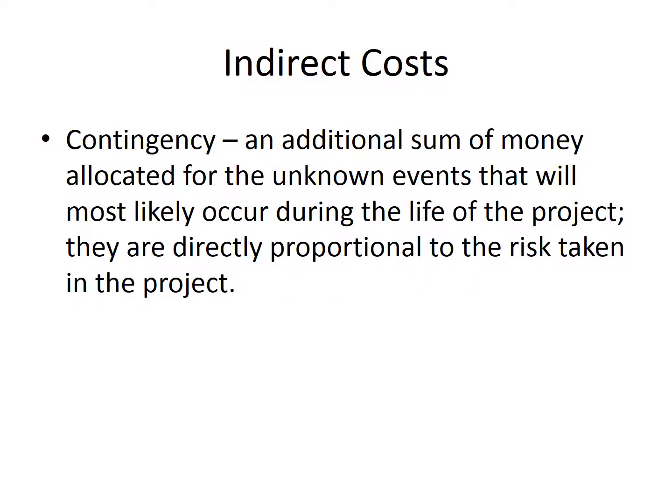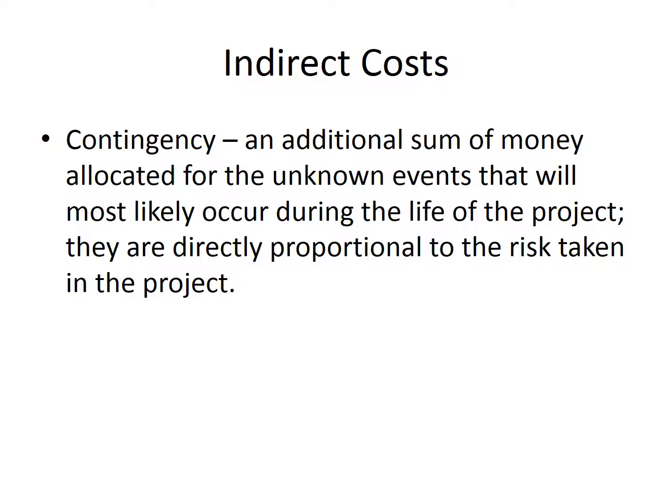Now, we do talk about contingency. This class is not about bidding strategy, but contingency is effectively an additional sum of money allocated for the unknown events that will most likely occur during the life of a project. And they're generally proportional to the risk taken in the project. So if I'm uncertain about joining a building together, or meeting in the middle of a bridge project, or layout issues or additional things like that, I might build in a little bit of extra cost into my estimate to make sure that I don't take a hit for it, because if I don't account for it, then I'm going to end up paying for it out of my pocket or my overhead and my profit.